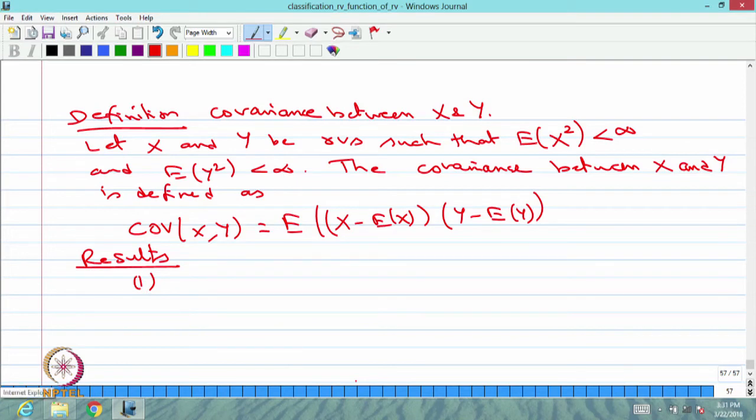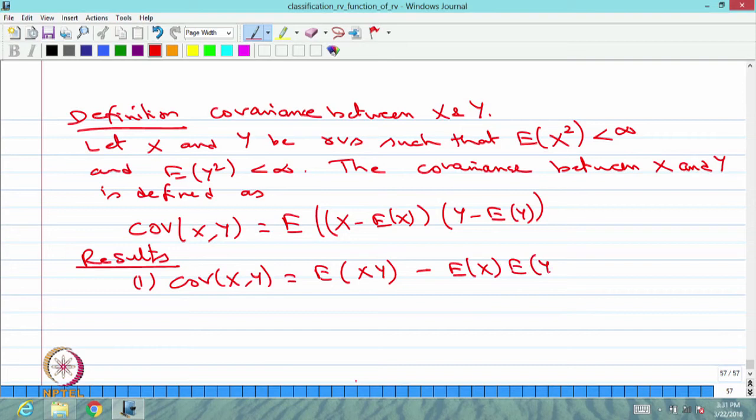Either you can compute the expectation of x multiplied by y minus the expectation of x into the expectation of y, or if you expand this, you get expectation of xy, minus x into expectation of y, minus expectation of x into y, plus expectation of x into expectation of y. That is, the covariance of any two random variables is the same as expectation of x into y minus expectation of x into expectation of y.